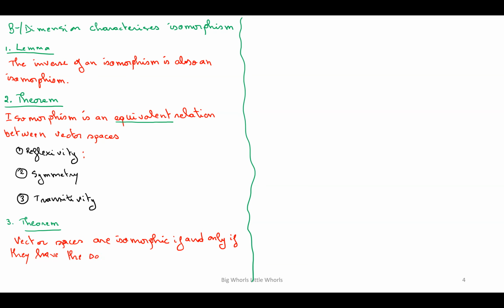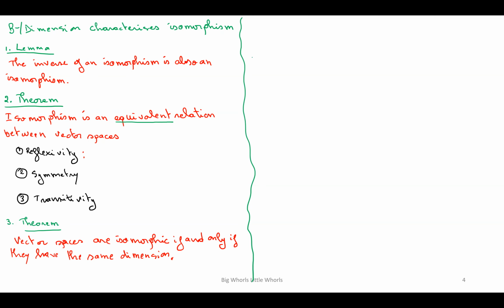Oh, the same dimension. That's what I was saying at the beginning. Okay, so to see if two vector spaces are isomorphic, what you have to do is check their dimension. So if you don't know how to find the dimension, don't worry, we will see it shortly. So this is my all-time favorite theorem of isomorphism. Okay, so let's continue.